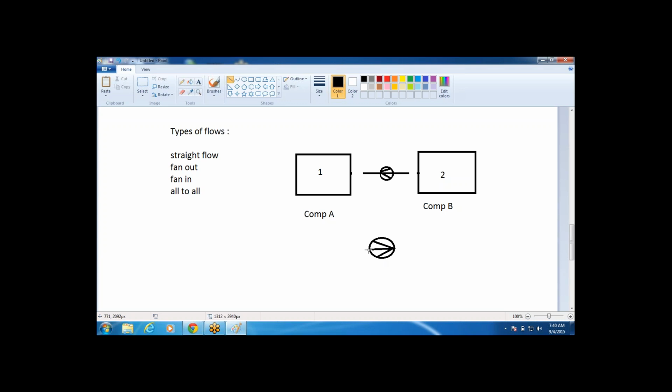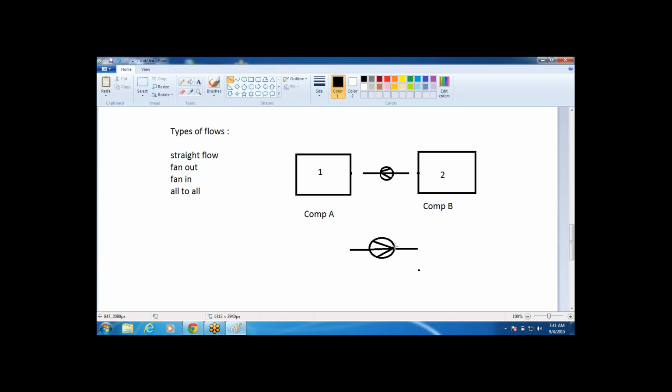So on the flow, the diagram looks like this. I'm saying this on the flow, it is a fan in flow.